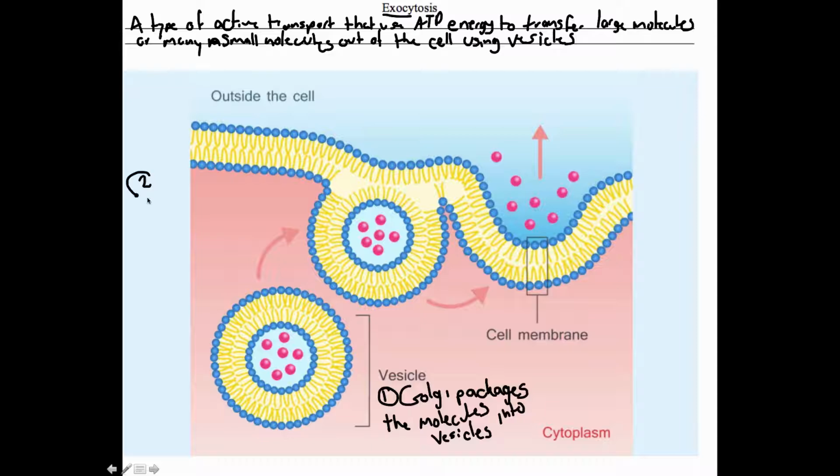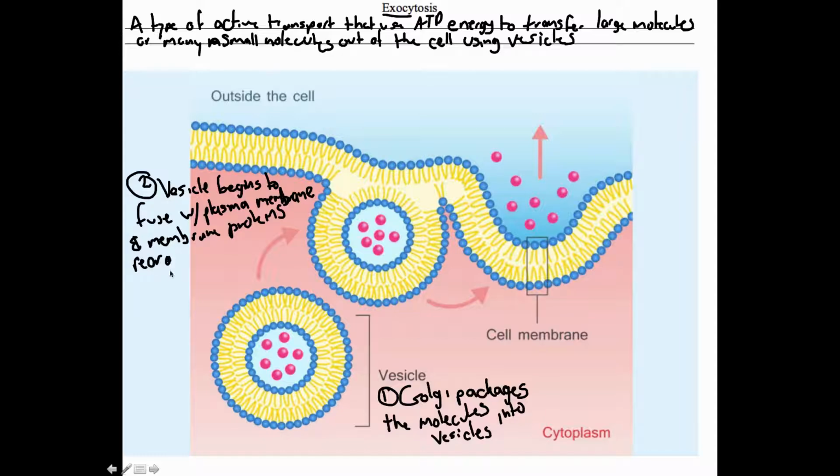Step 2: vesicle begins to fuse with plasma membrane, and membrane proteins reorganize lipids for fusion.